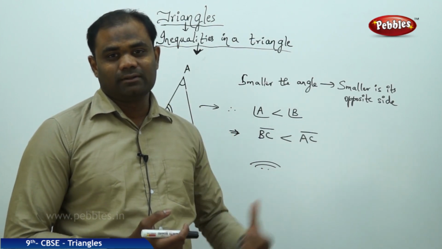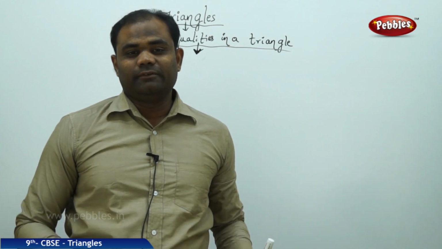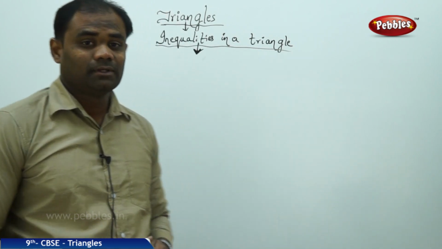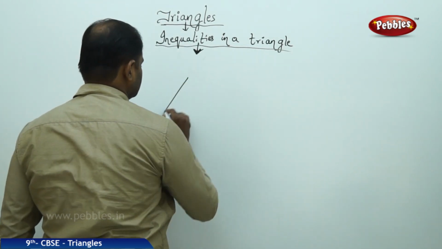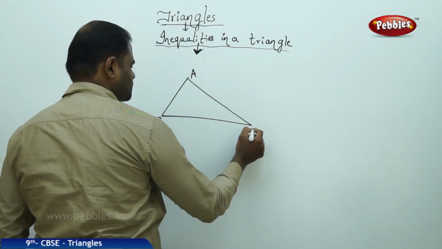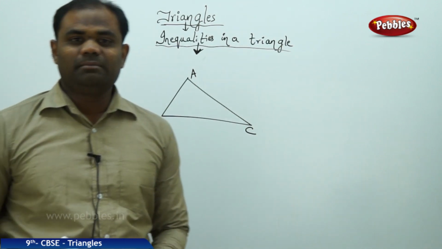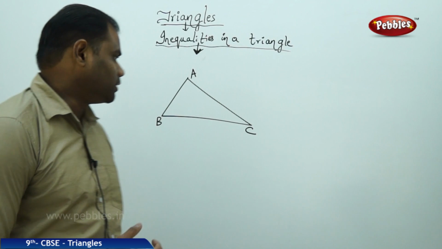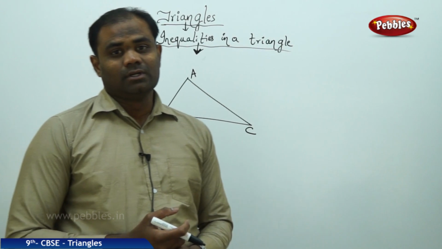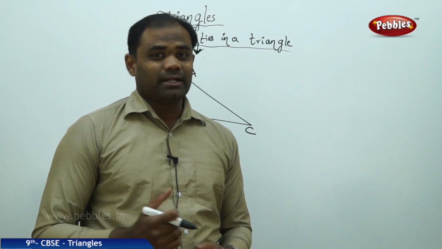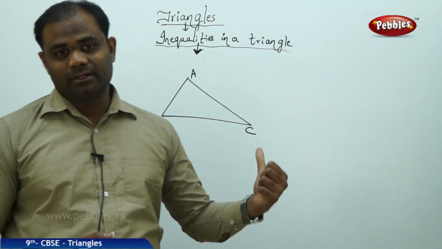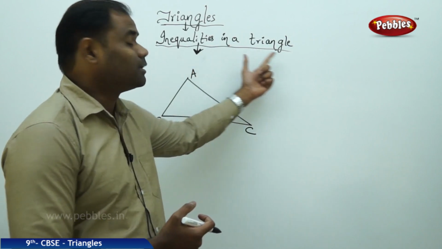Inequality in a triangle. Now let's see a property which connects the three sides of the triangle. Imagine I have a triangle A, B and C. ABC is a triangle in which the three sides are AB, BC and AC. So what is the property which connects all the three sides in a triangle? This property is one of the most important properties in the inequality properties in a triangle.